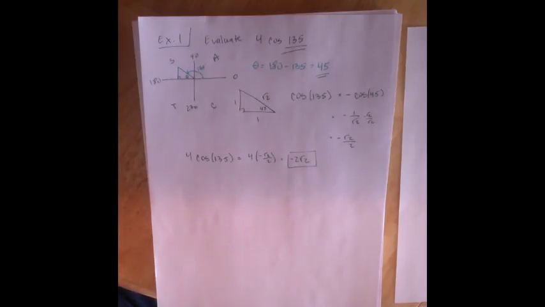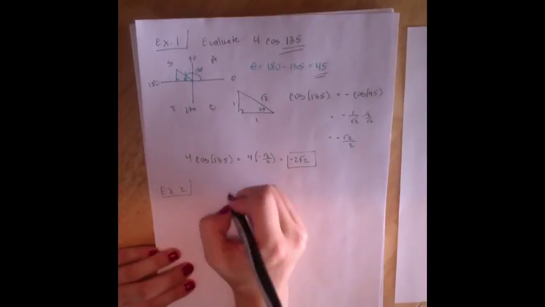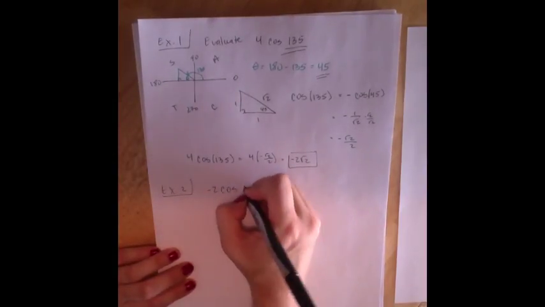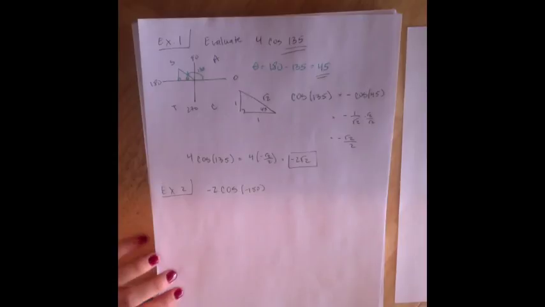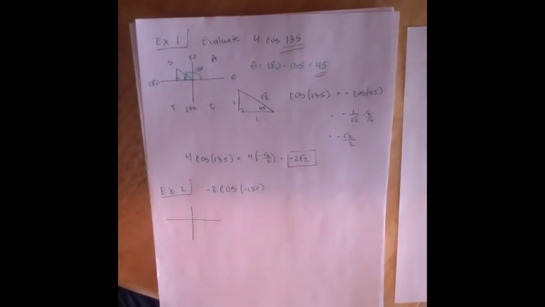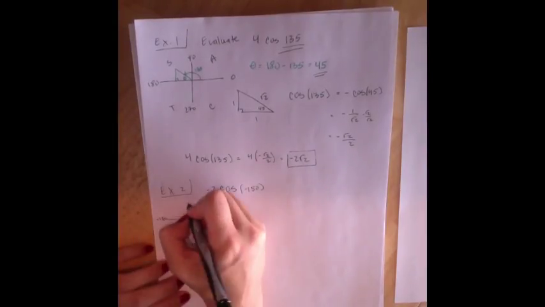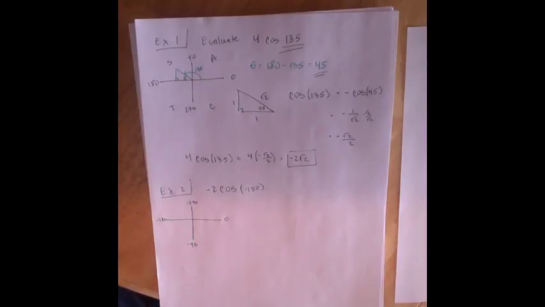Okay, let's do another one. We want to evaluate minus 2 cosine of minus 150. So we draw our graph. Now negative means we go clockwise. So this is 0, negative 90, negative 180, negative 270.